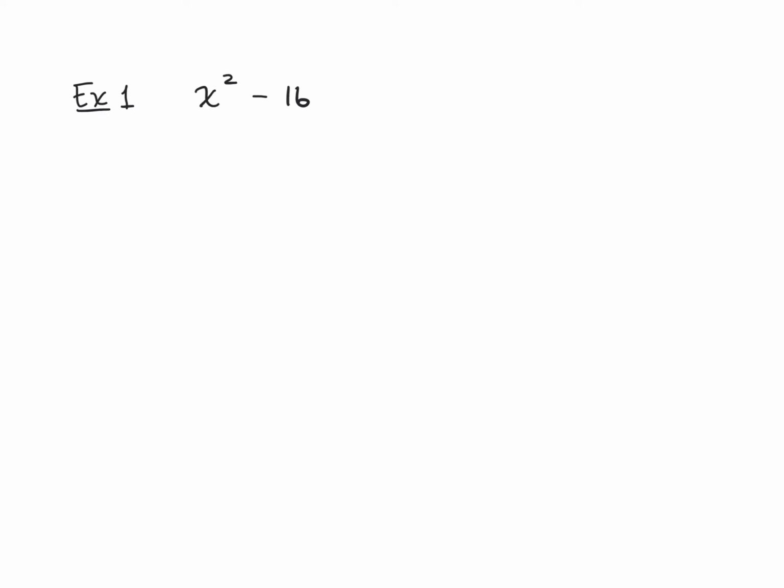So here's an example: x squared minus 16. Now, this is a quadratic, but it's not a quadratic that you're used to seeing. Most quadratics you're used to seeing are in the form ax squared plus bx plus c, in which there's some sort of middle linear term.